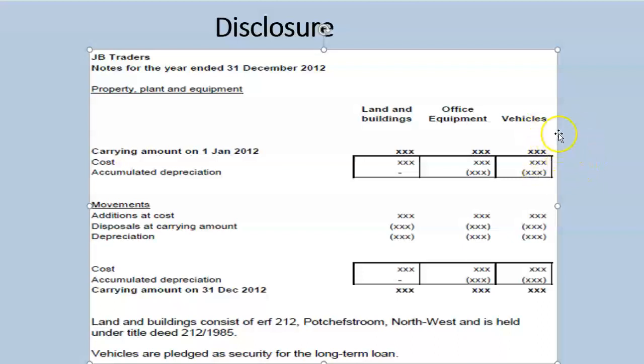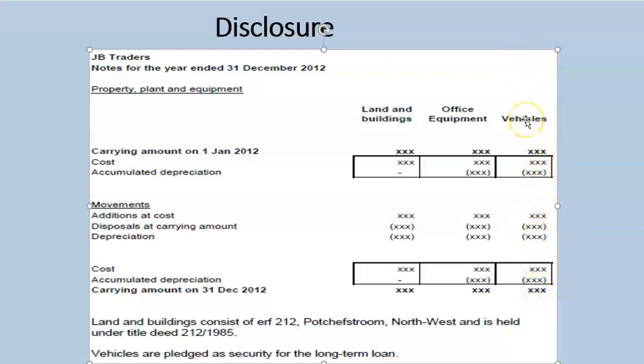But because both of them belong to the same class of non-current asset, i.e. a vehicle, I will add everything together and only show in my note one figure for the cost price, which will be the cost price of the horse and the trailer, one figure for the accumulated depreciation, which will be the two of them together, and that will then also be applicable to each and every one of those line items.